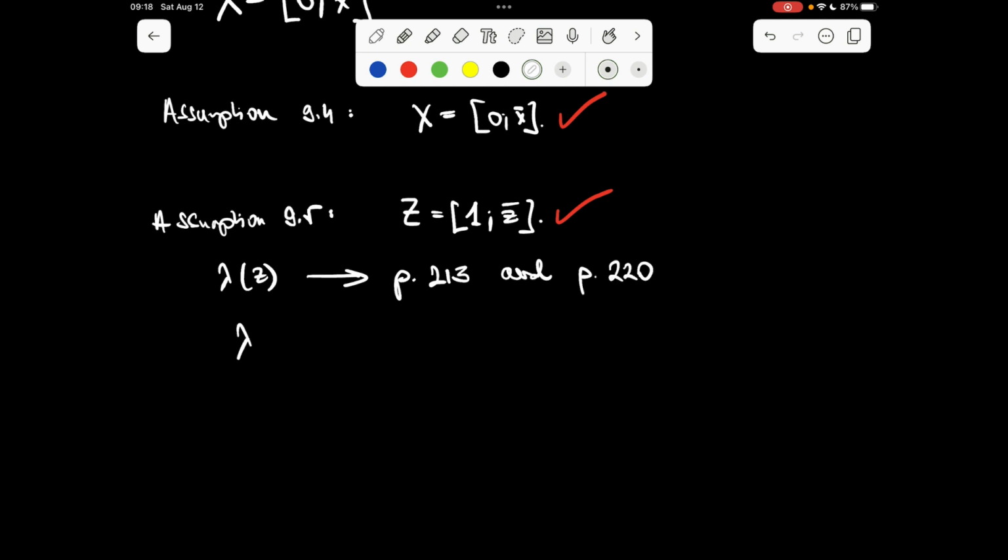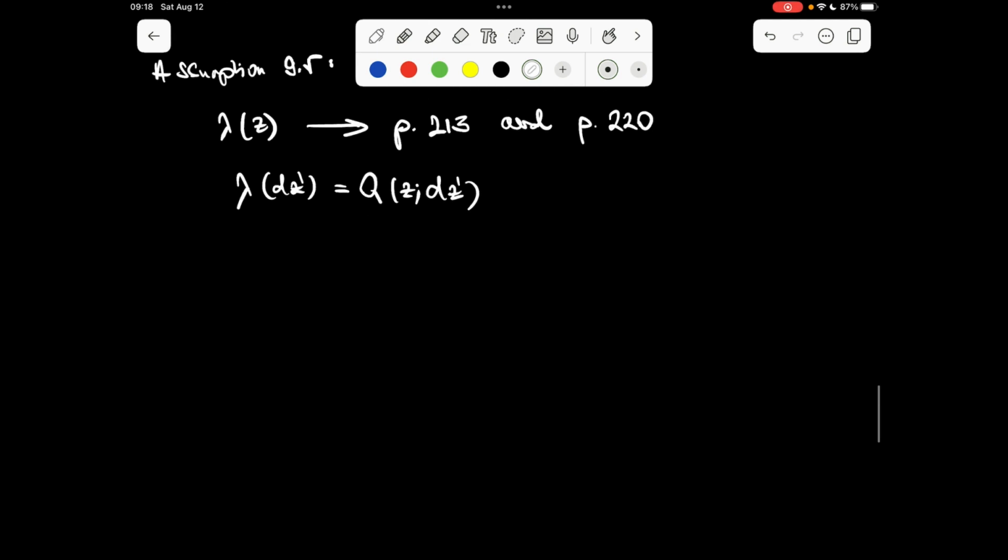In this case, using the language of the referred pages, we have the Markov operator for the problem.